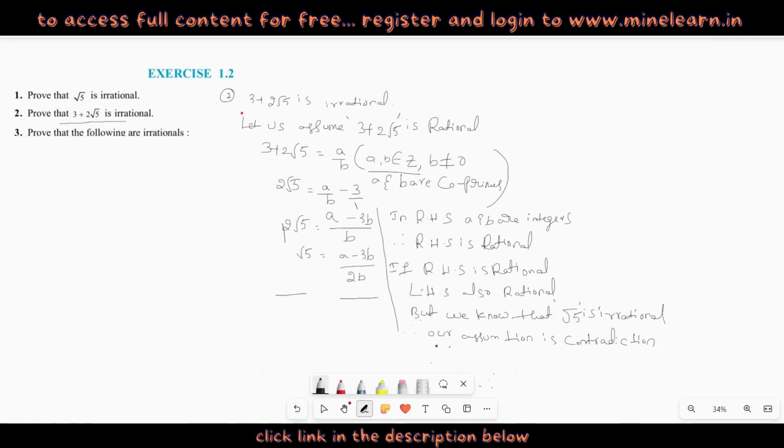Contradiction. So therefore 3 plus 2 root 5 is not rational. So therefore 3 plus 2 root 5 is irrational. We used the contradiction method right now.